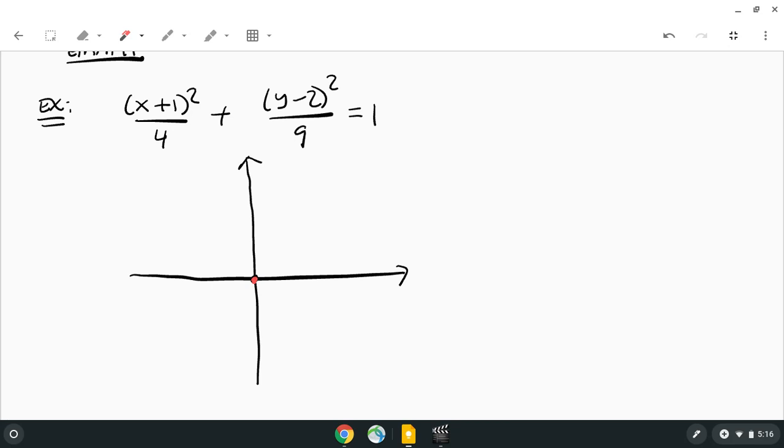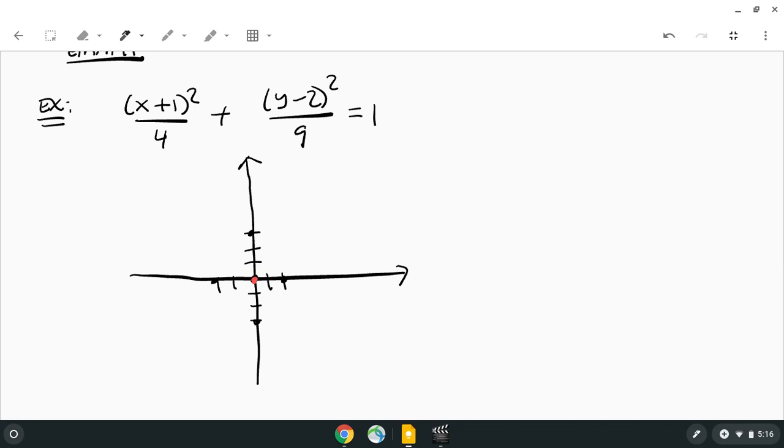Centered at 0, 0, the x direction is going to be 2 in each direction: 1, 2, 1, 2. And the y direction is going to be 3: 1, 2, 3, 1, 2, 3.